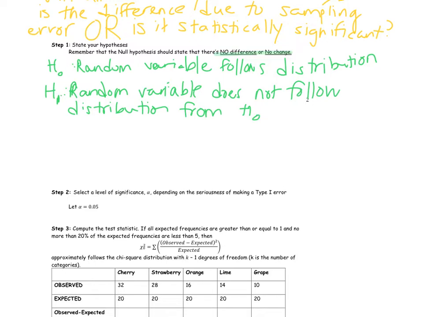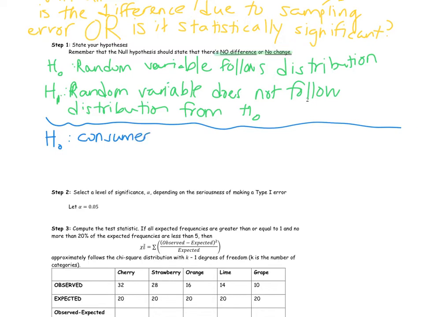Okay, so let's relate it back to our example. We could say the random variable, the customer preference, is uniform, or we can make it relative to the problem: consumers show no preference. So essentially a uniform distribution.